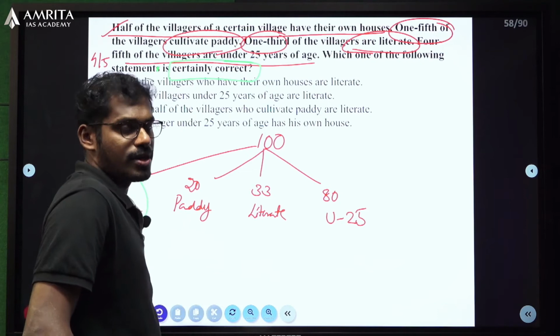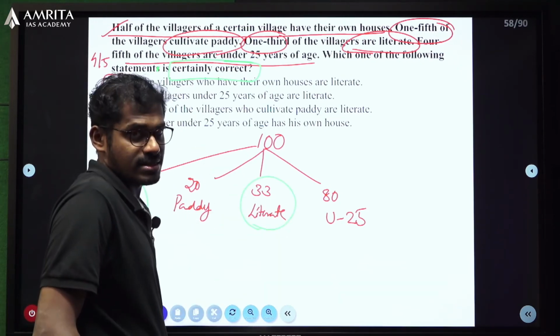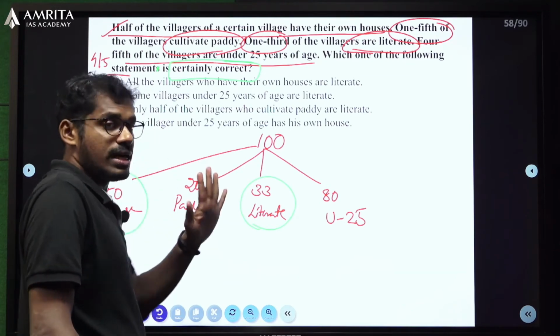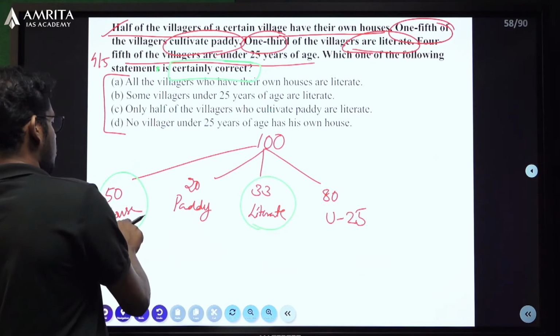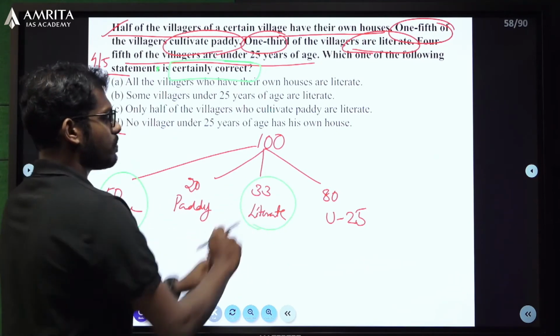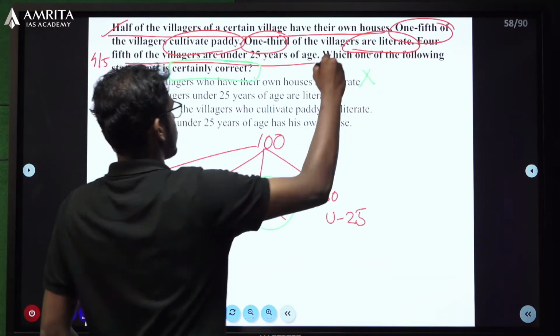Is it correct? No, because there are only 33 literate villagers, but 50 villagers own their own house. So all the 50 cannot be literate. So, the first statement is incorrect.